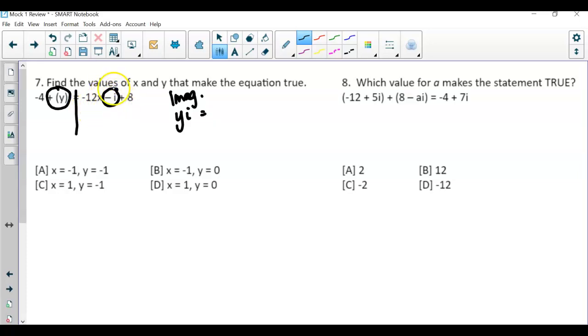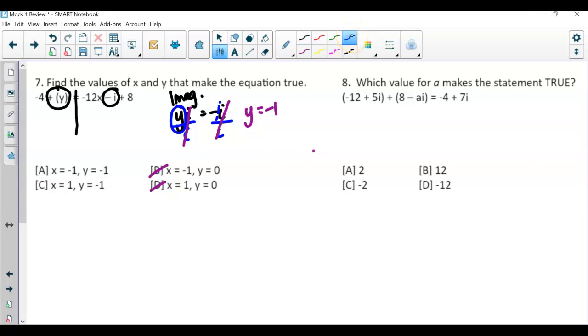Just the negative i, which is understood to be negative 1i. Now we are solving for y, so we're just going to divide both sides by i. Notice how the i's cancel out, so you're just left with negative 1. So y is equal to negative 1. So I'm going to mark off B and D.